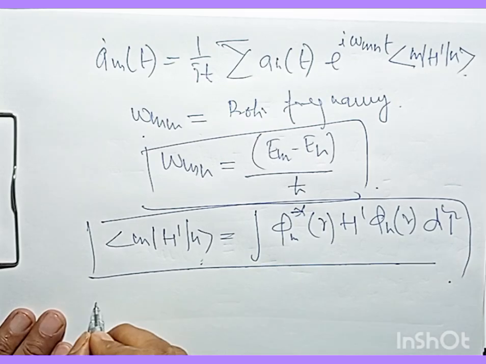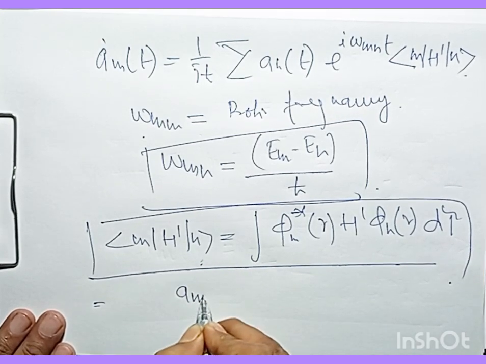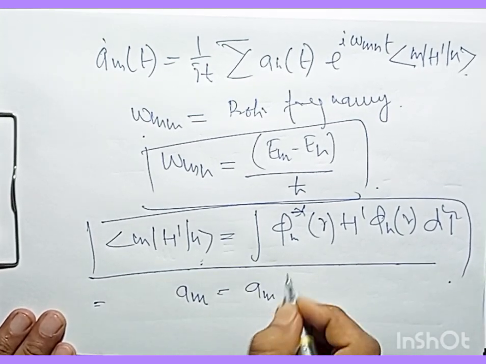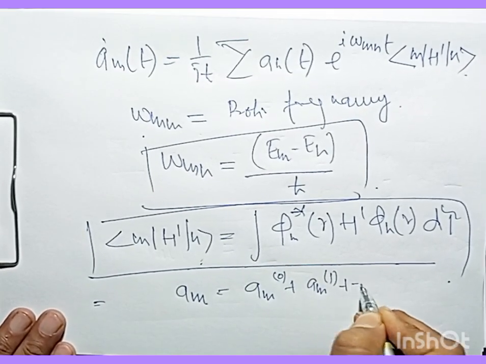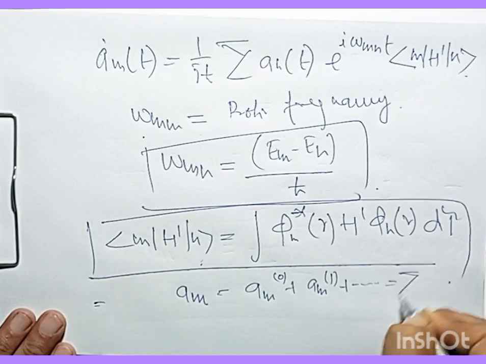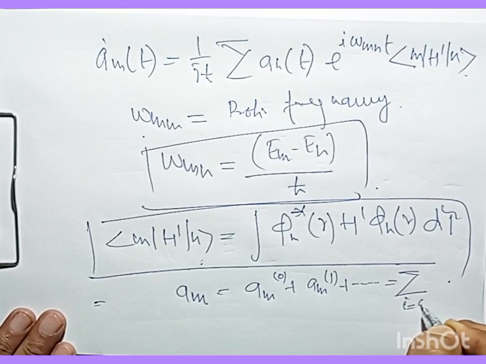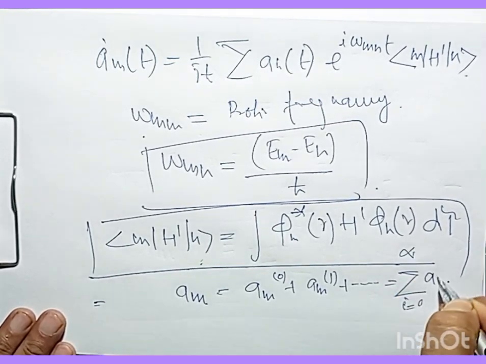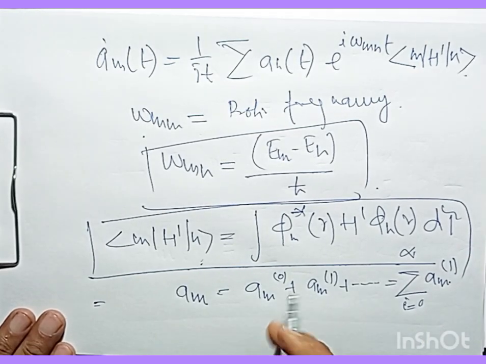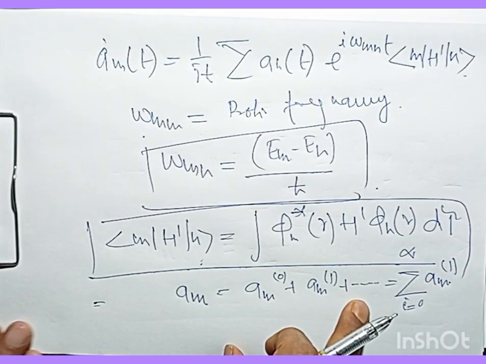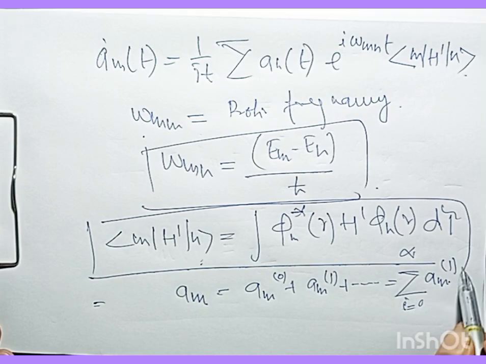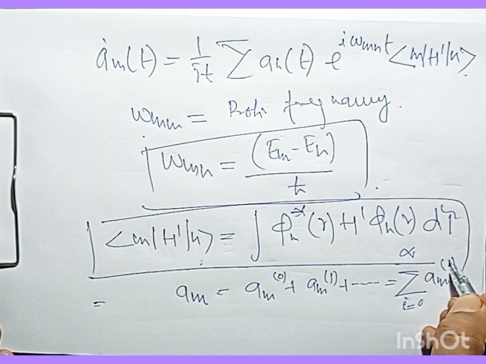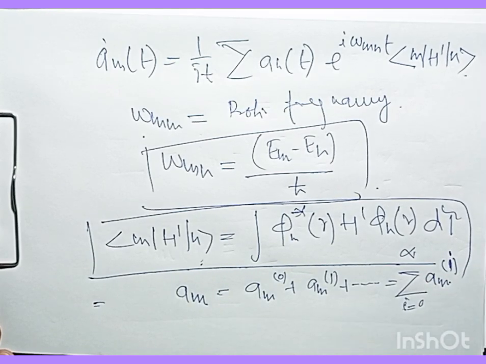If I take an example, a m as a m 0 plus a m 1 plus so on and so forth, and this gives me sigma i running from 0 to infinity, a m raised i. Now, what am I trying to say here is that this superscript i gives the order of each term in perturbation theory.